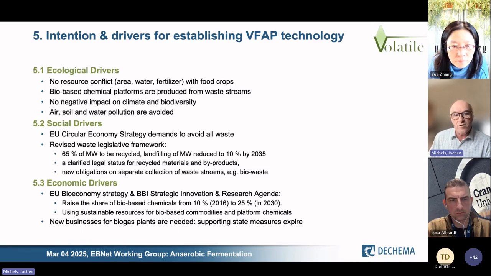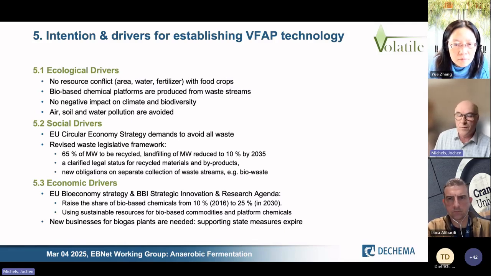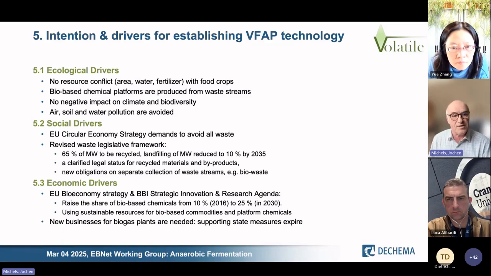So we had these ecologic drivers, arguing that there's no resource conflict and the new bio-based chemicals are produced from waste streams and so on, no negative impact on climate and biodiversity, and pollutions are avoided as much.